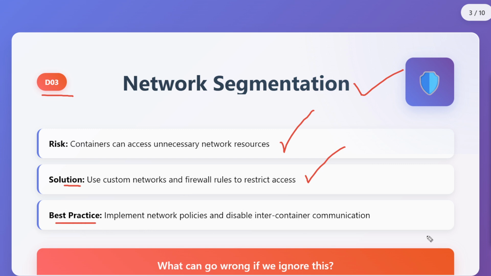Coming to the best practice, we need to implement network policies and disable inter-container communication. To achieve this, there is an argument in Docker commands, --icc=false. ICC is nothing but inter-container communication.